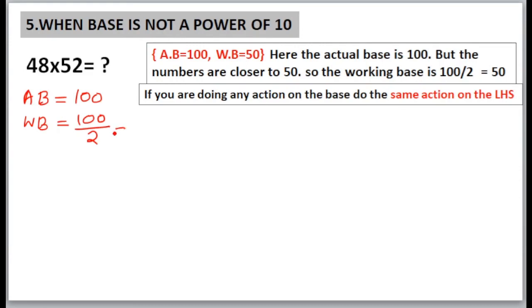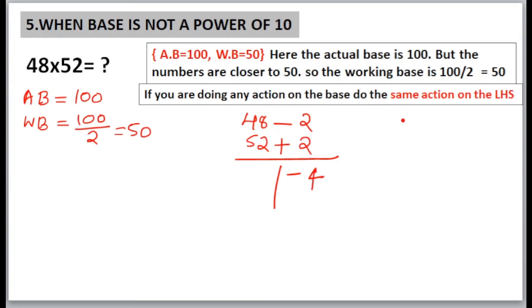Our numbers 48 and 52: 48 is 2 less than 50 and 52 is 2 greater than 50. So our final RHS will have negative terms, that is 2 into 2 is equal to 4, but our base is 100 and it has 2 zeros. So we will put a 0 behind 4, and 48 plus 2 is equal to 50.